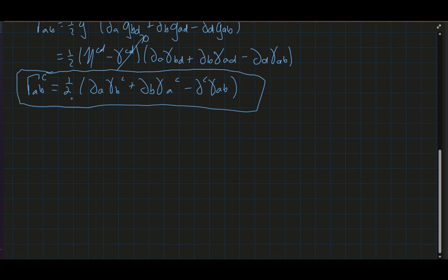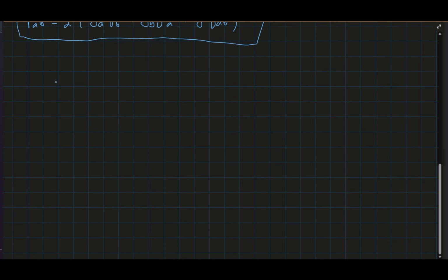Okay, now we can consider the geodesic equation for a test particle moving in the spacetime. From the geodesic equation, we can write down something like this, where x^mu is the particle's world line, and tau is an affine parameter of some kind.